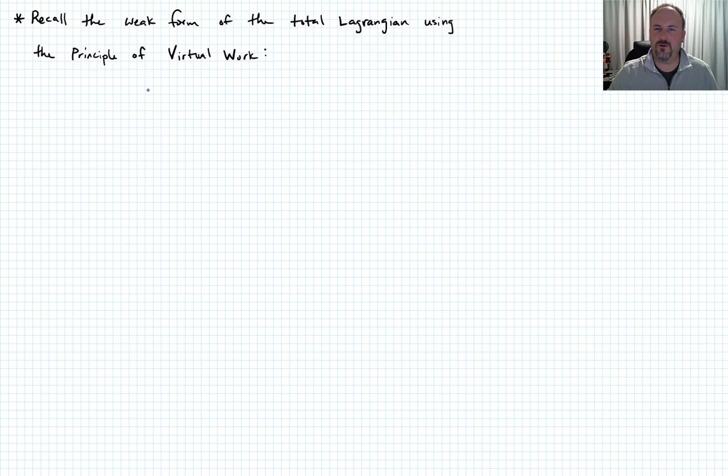What the principle of virtual work said was that the virtual internal work minus the virtual external work plus the virtual kinetic work is equal to 0. Let's call that equation 3. And we defined those three terms.